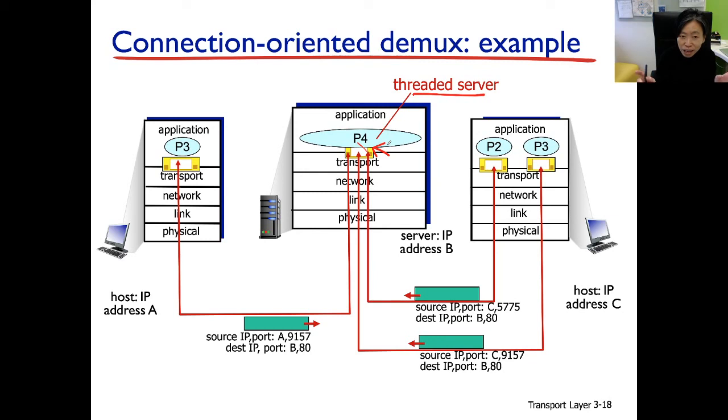Even though the four-tuple does not quite match, especially the source IP address and the port number. Okay. This type of connection-oriented demux is TCP, all right, but it only looks at the destination port number and the destination IP address. Therefore, the messages are coming in this way. Source being A, source port number 9157. This one here, source being C, port number again different. But then they will all be accepted by the listening socket here.